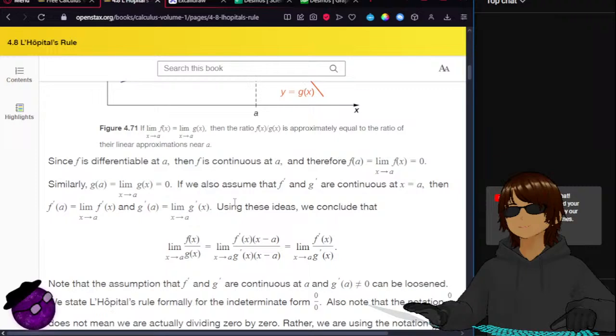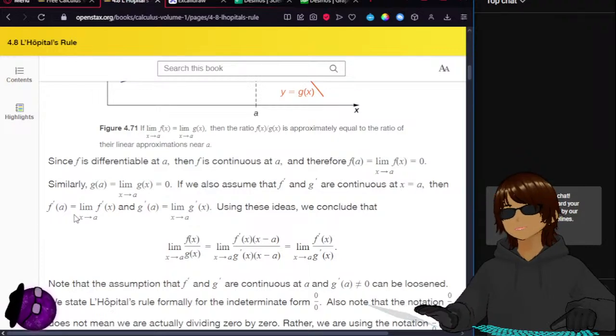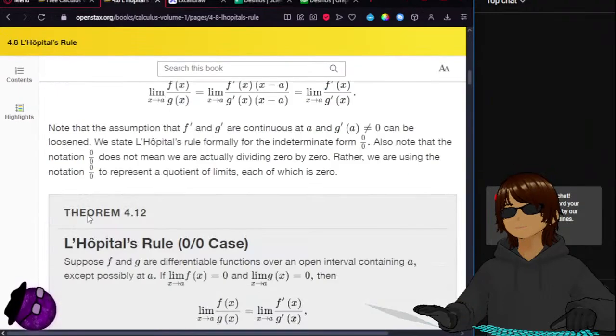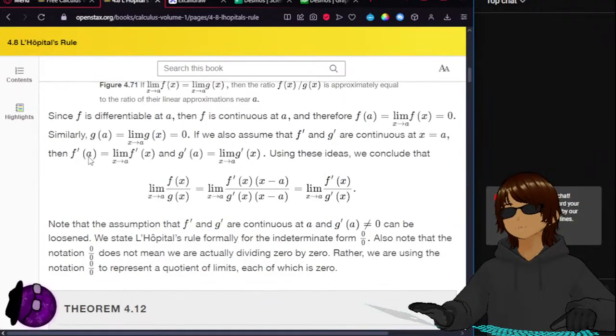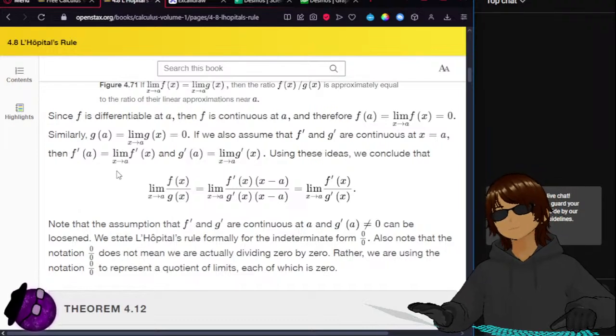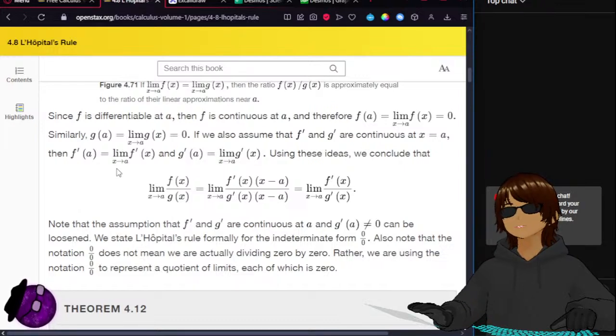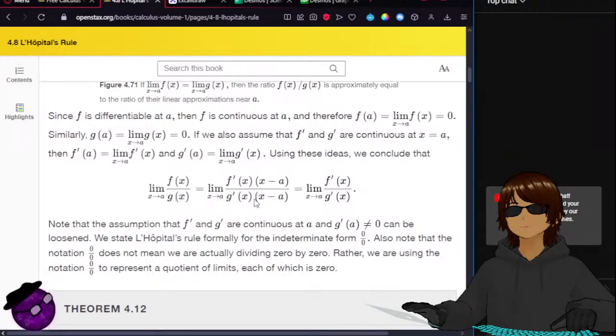If we assume that the derivatives of f and g are continuous at x equal to a, then the derivative of f at a is equal to the limit of the derivative of f of x as x approaches a. Using these ideas, we conclude. Okay, f of a is 0, g of a is 0. Okay, that makes sense.